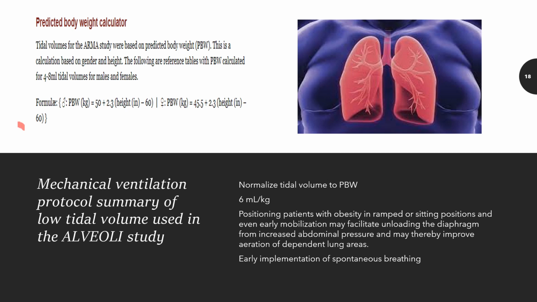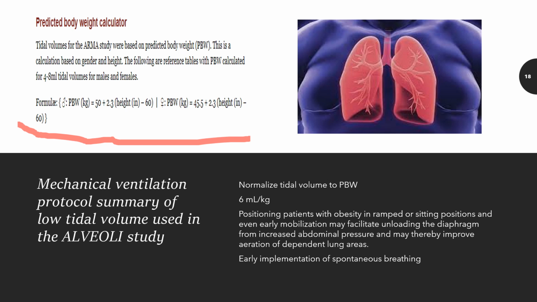So you could see the formula right there. It varies between man and woman. But it's a pretty simple formula, and once you calculate their predicted body weight, then you could start off with a tidal volume which is more acceptable. And a good acceptable tidal volume is approximately 6 milliliters per kilogram.